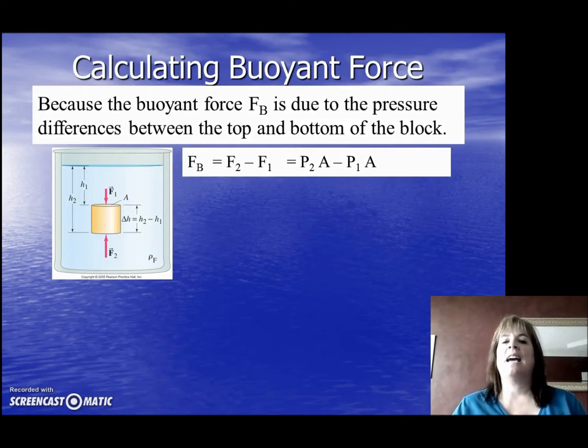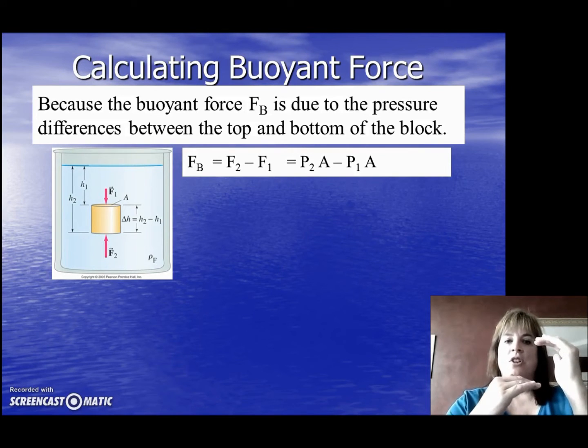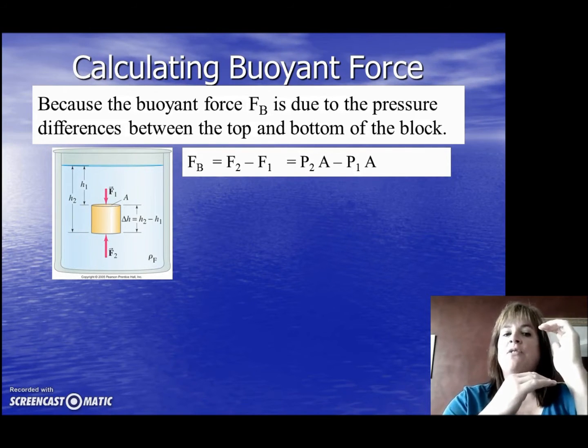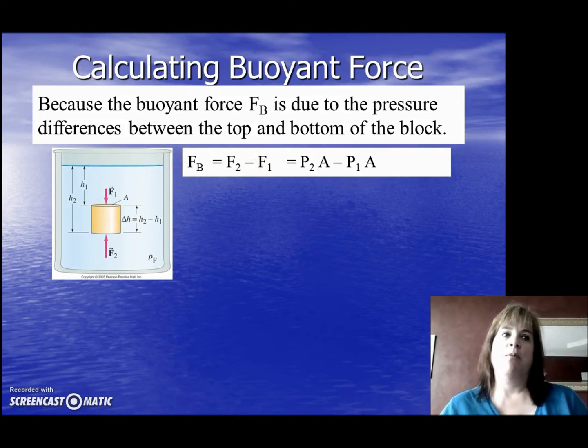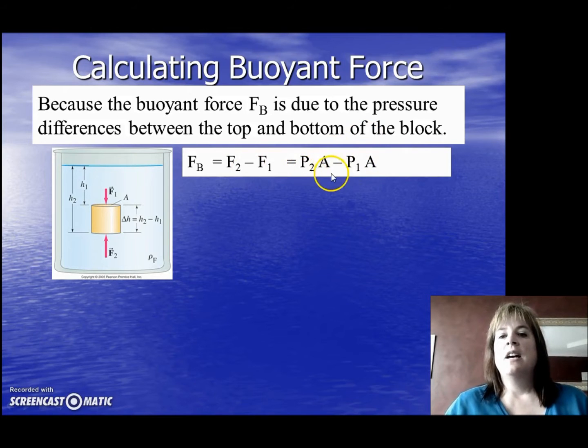If we look at how to calculate the buoyant force, remember that the buoyant force is due to that pressure differential, which results in an imbalance of forces on the object. The force down here is going to be greater than the force up here. So the buoyant force is the difference between these two. Now, if we substitute in our pressure equation, pressure is force divided by area, so force is pressure times area. I get the difference in the force at the bottom, pressure times area at the bottom, minus the pressure times the area above.